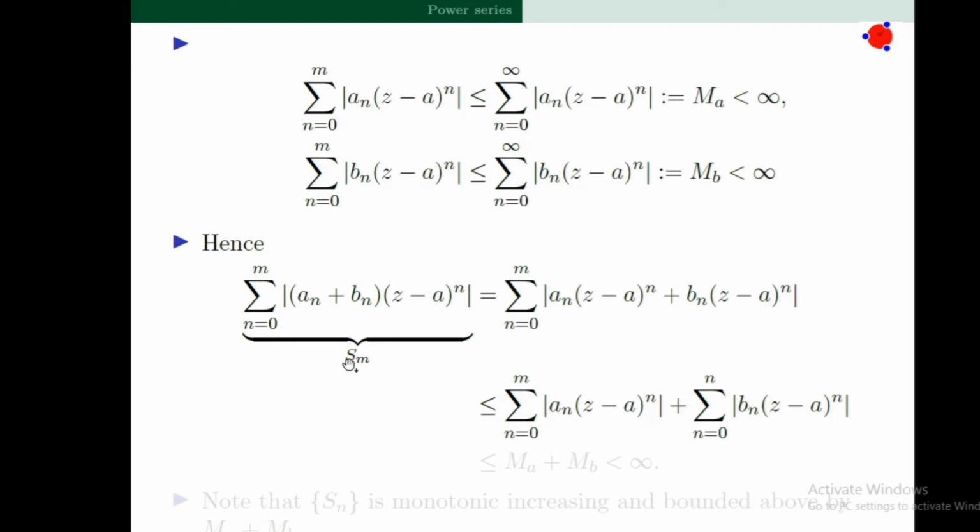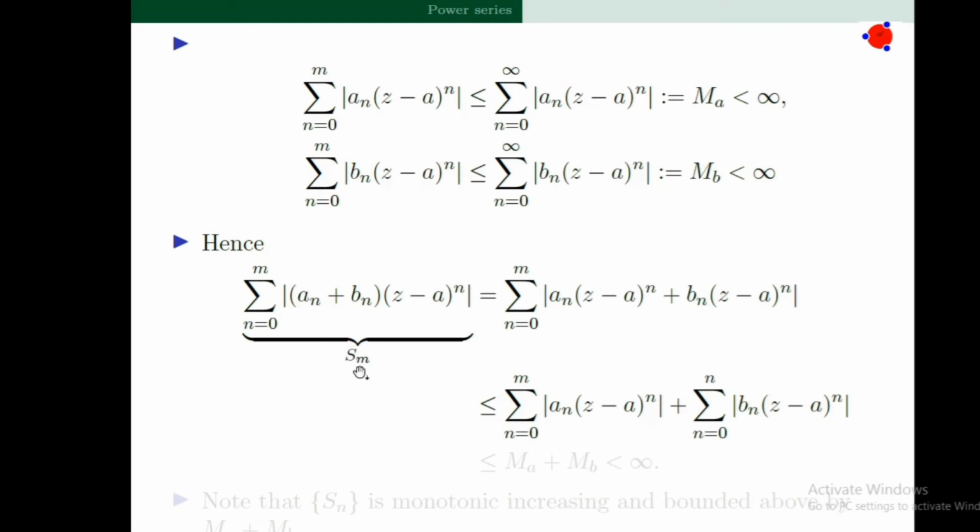Now consider Sm, the (m plus 1)th partial sum of the series sigma (an plus bn) into (z minus a)^n. That is, when m is equal to 1, 2, 3, etc., we get the sequence of partial sums of the series sigma (an plus bn) into (z minus a)^n. Obviously, this sequence of partial sums is a monotonic increasing sequence, and we will show that this sequence is also bounded.